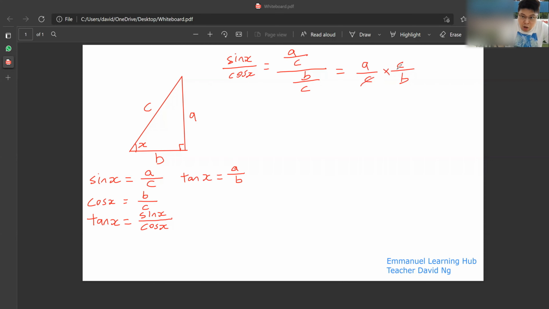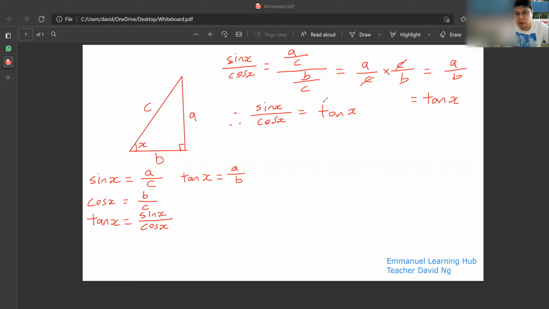So like this, I can cancel off my C. I have A over B. A over B is your tangent x. Therefore, it's proven: sine x divided by cosine x is equal to tangent x.